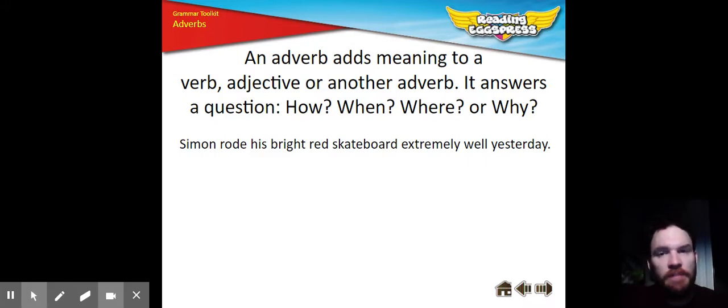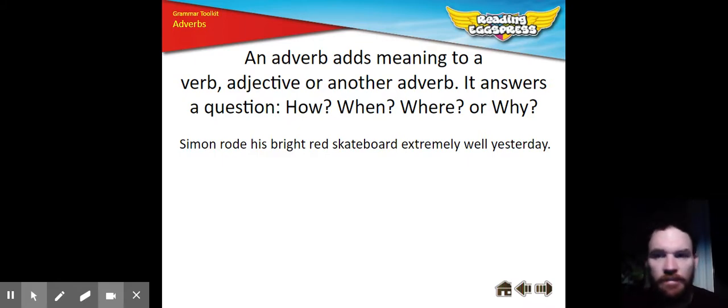These questions can be how, when, where, or why. This is just as we talked about with nouns, how they answer the question of who or what is doing the action. Verbs, how they answer the question of what is happening. And adjectives that answer the question of what type of thing is being spoken about.